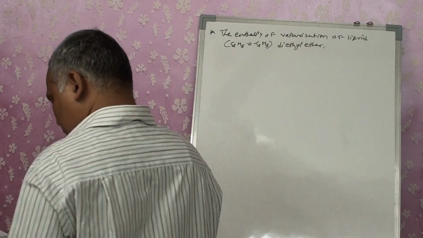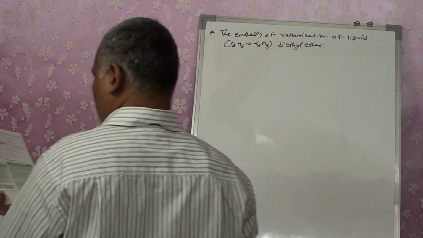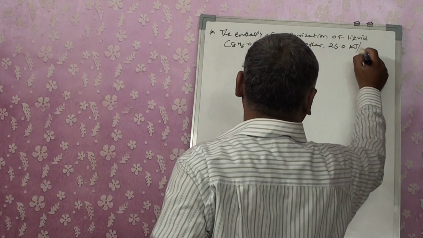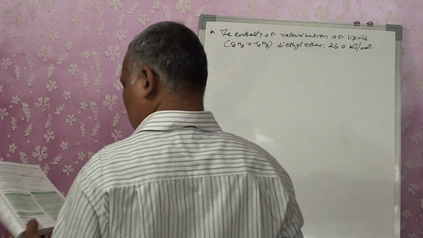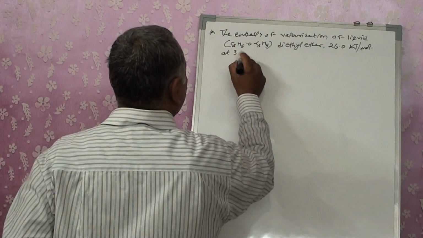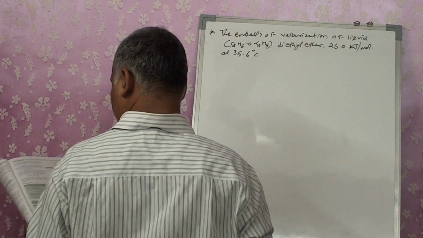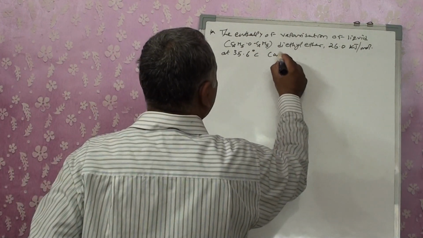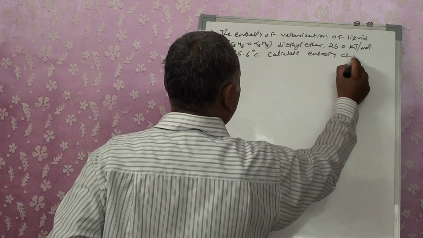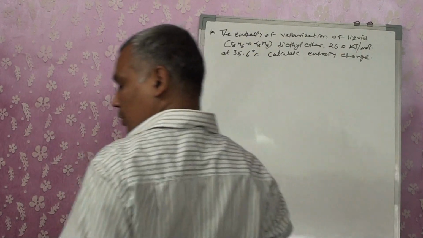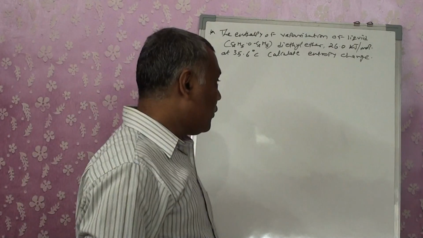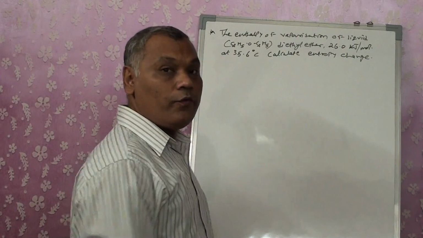The liquid that we are going to use is diethyl ether, whose value is 26 kilojoule per mole at 35.6 degrees Celsius. Calculate the entropy change.